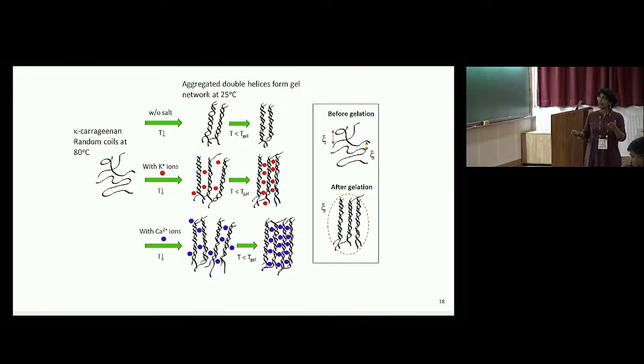When you add the cations, the added advantage is that they go between the helices and also shield the charges. And with calcium chloride, we think that more and more helices are able to come together and form larger and larger aggregates.